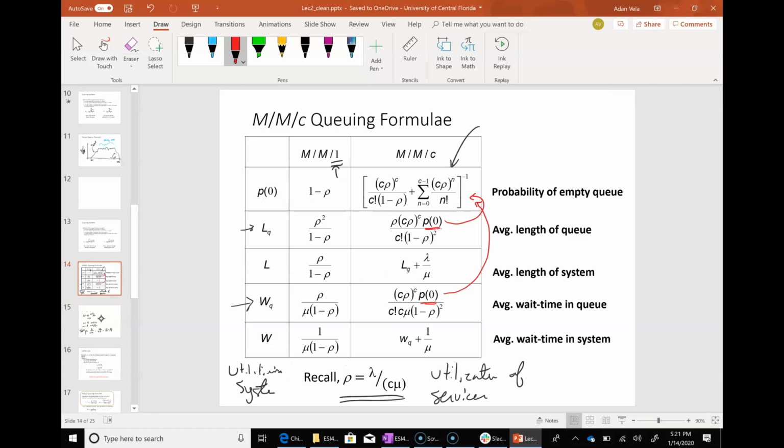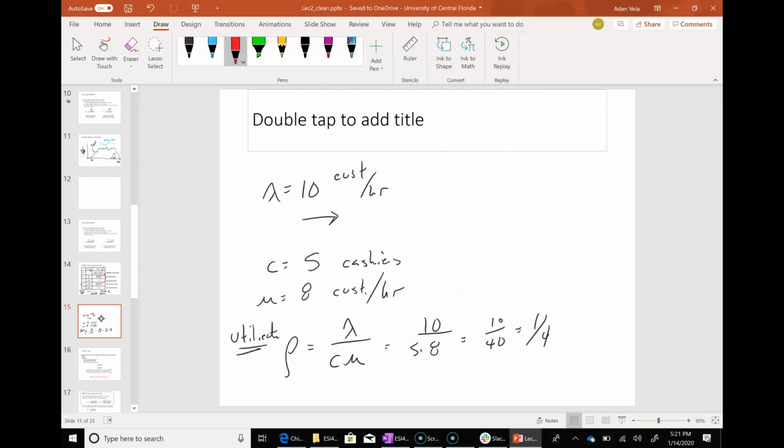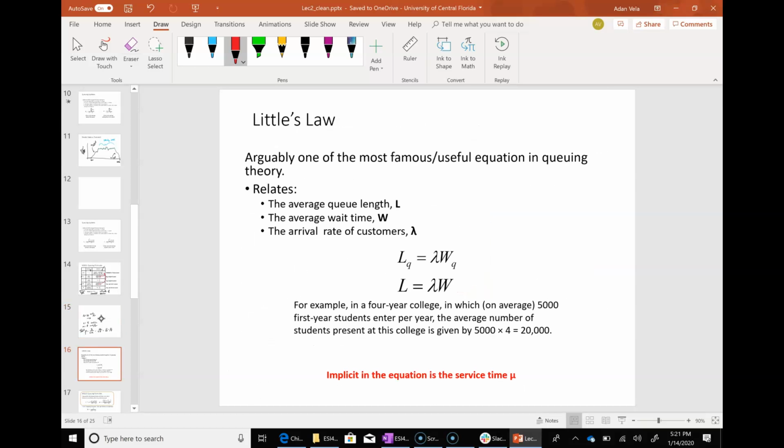All right. So these are the basic set of equations that we use when we're calculating performance metrics for a queuing system. And again, I think these will be posted online.